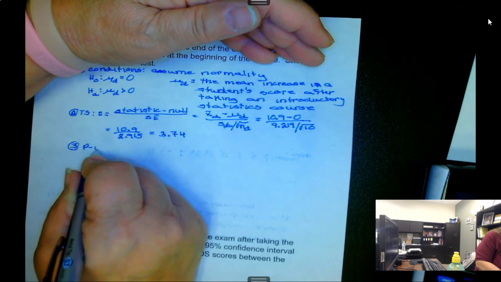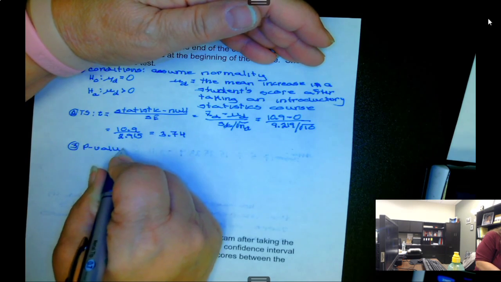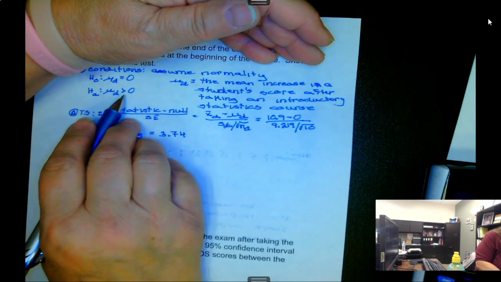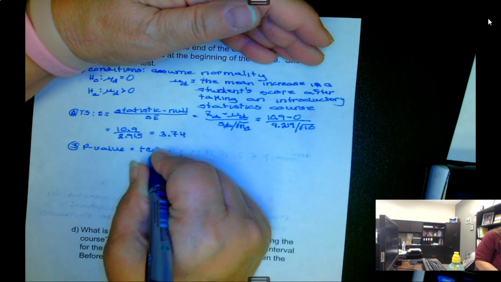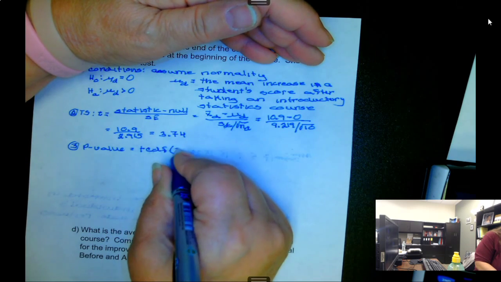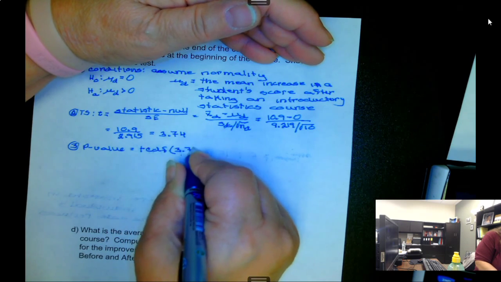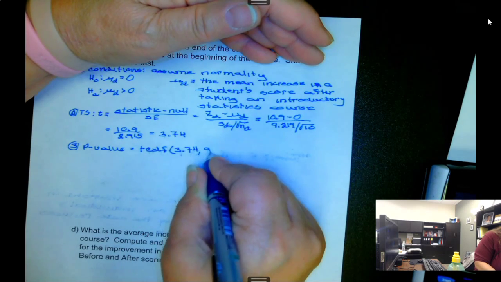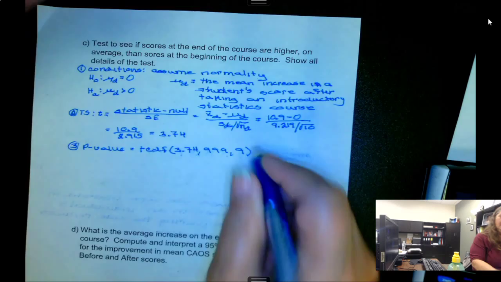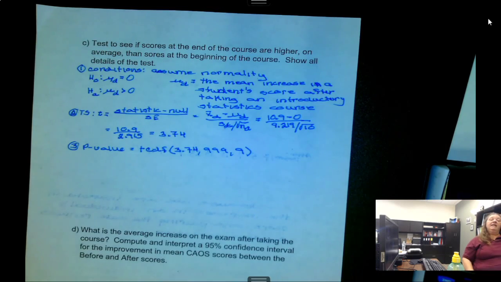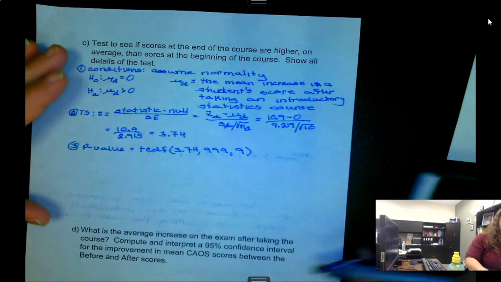So our p-value, this is a right-tailed test. So it's tcdf, 3.74, 999, and 9, because our sample size is 10, so 10 minus 1 is 9.